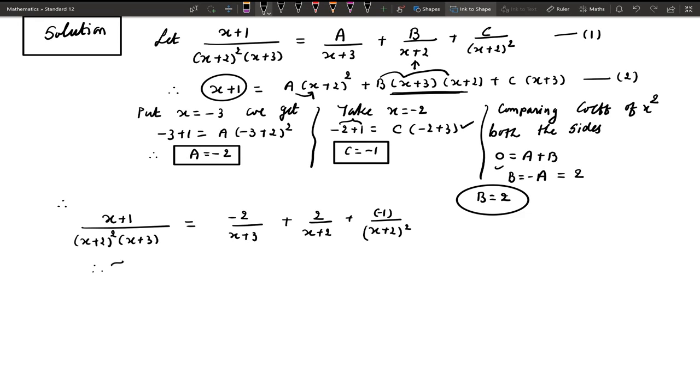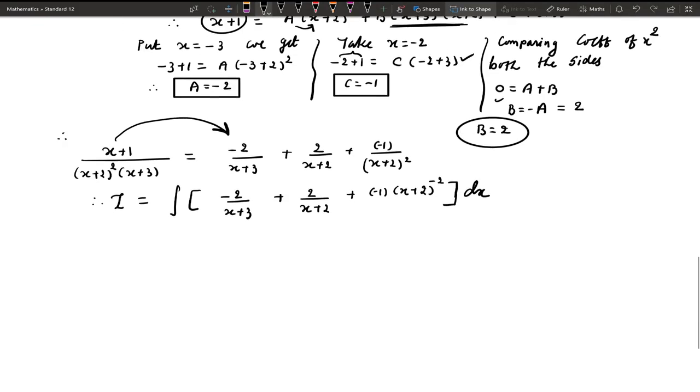So integration I equals, we use the right hand side form: minus 2 upon x plus 3 plus 2 upon x plus 2 plus minus 1 into x plus 2 raised to minus 2, dx.